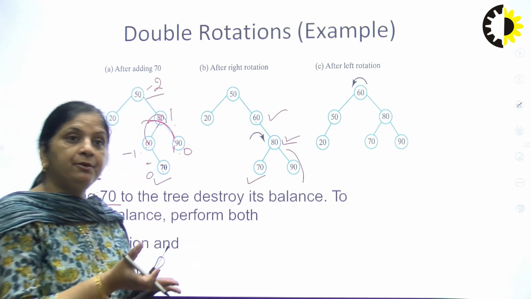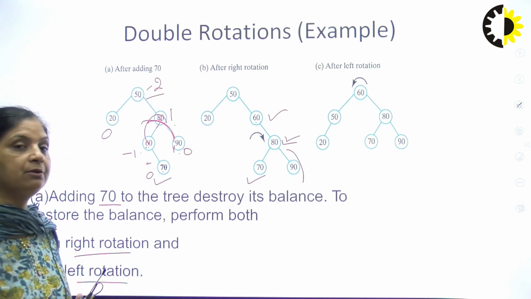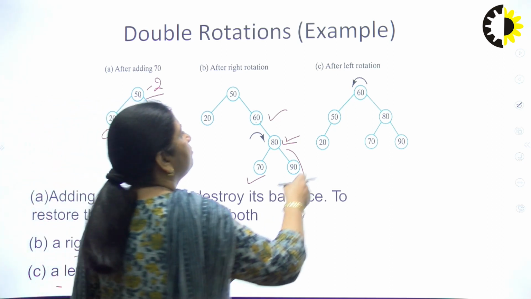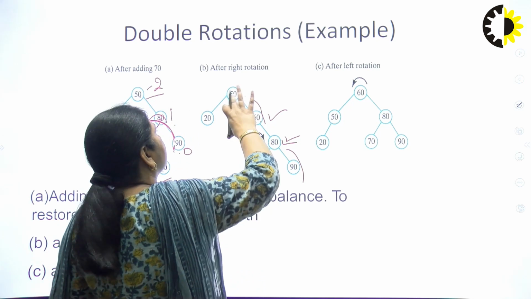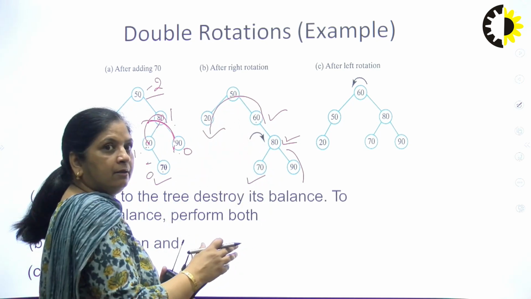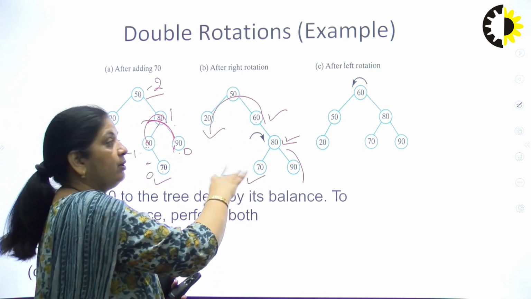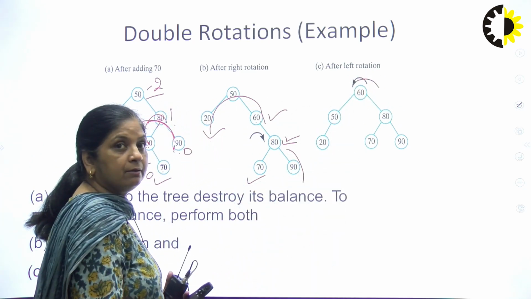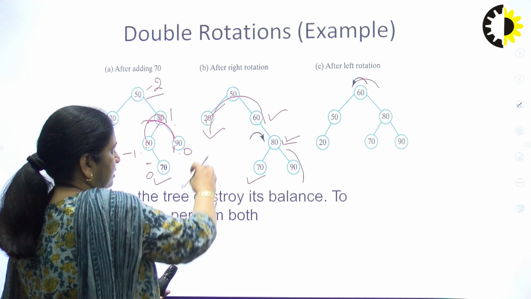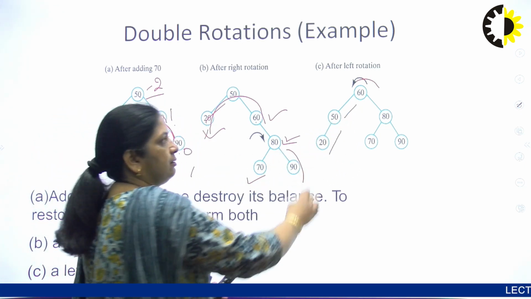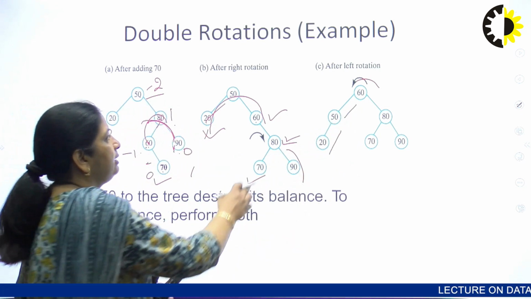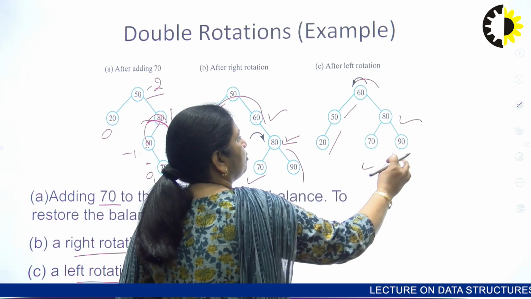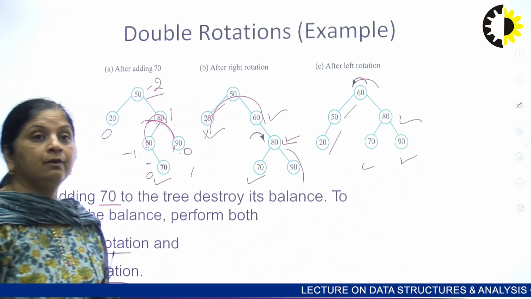Okay, now after doing right rotation, what will we do? We will do the left rotation. So we rotated it left. After doing this, 60 will come upward. 60 came here, 50 downwards, and the same way 20. And 80 has come here, with its left and right children.